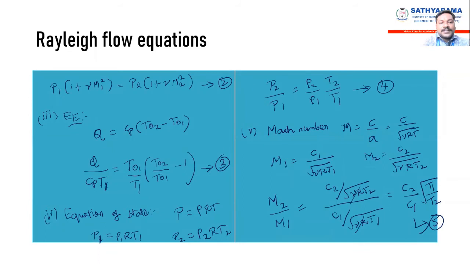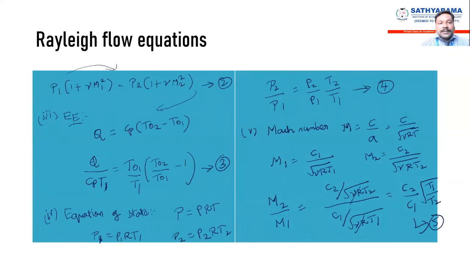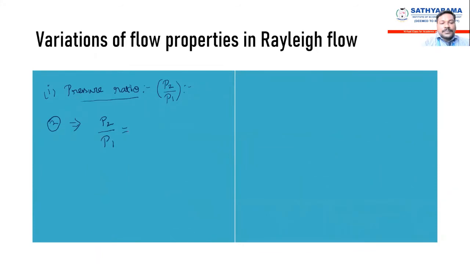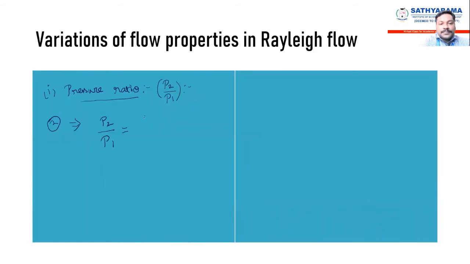Just bring this P1 to this side and bring this term to the other side. What we get? P2 by P1 equal to, from equation 2, 1 plus gamma M1 square divided by 1 plus gamma M2 square. This is the pressure ratio of the Rayleigh flow.